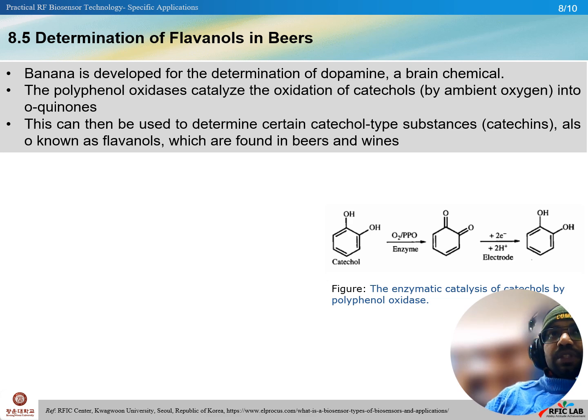This can then be used to determine certain catechol-type substances, also known as phenols, which are found in beer and wines. On the left hand side we can see the schematic of the catalysis of catechols by polyphenol oxidase.